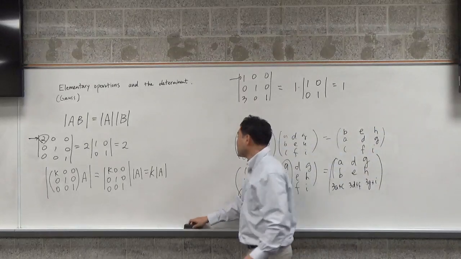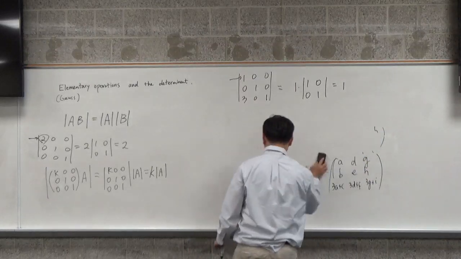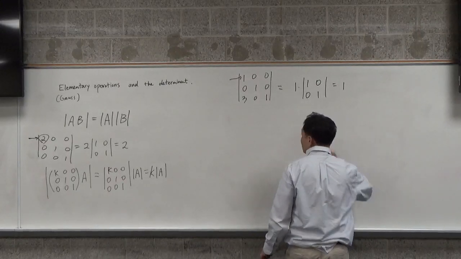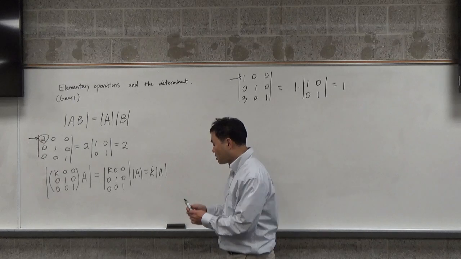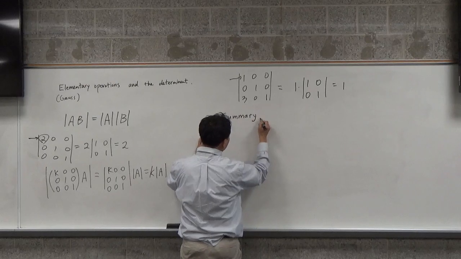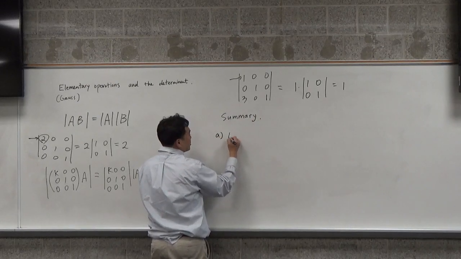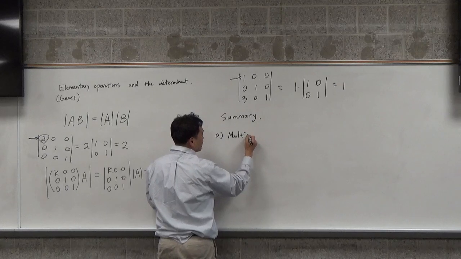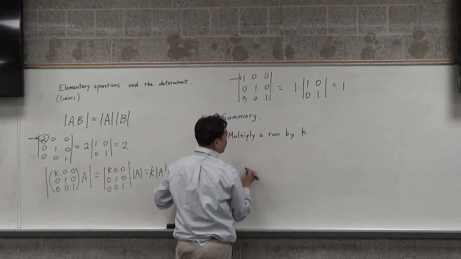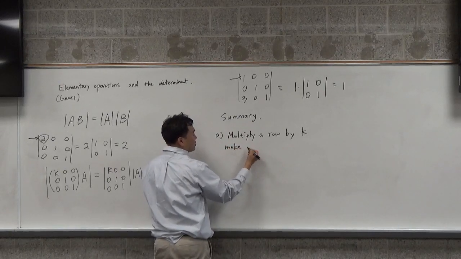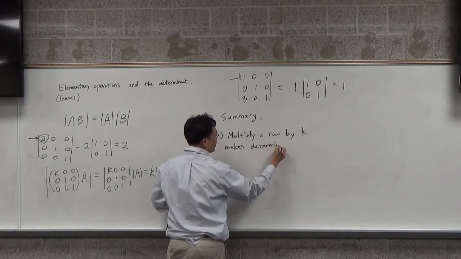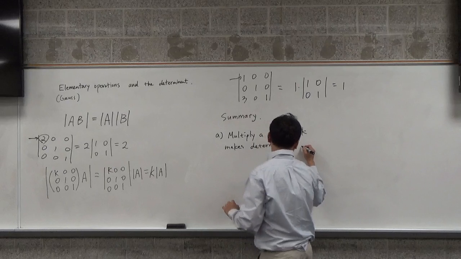So now we can write these as the summary. Okay, so summary of observations. A, multiplying a row by k makes the determinant multiplied by k.